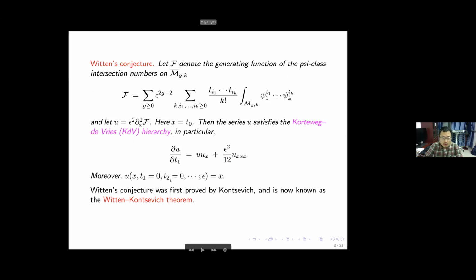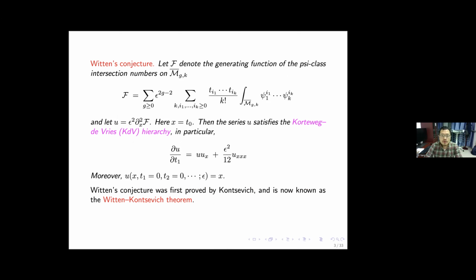a way is to introduce the generating function. So we denote by F the generating function of all these numbers. We use epsilon to track the genus of these numbers and T sub I to track the powers of these psi classes.